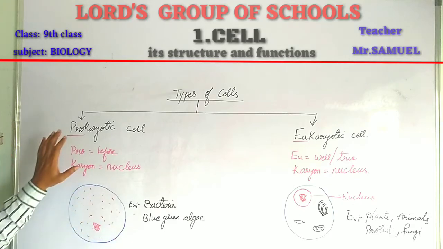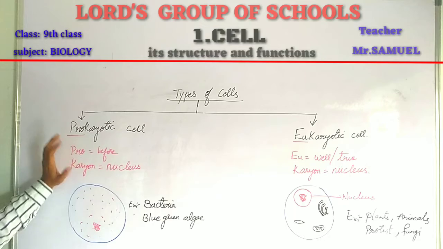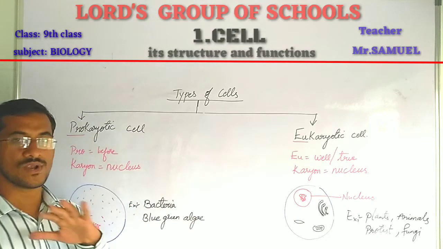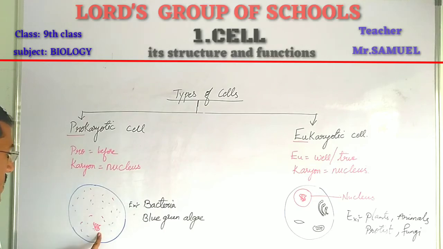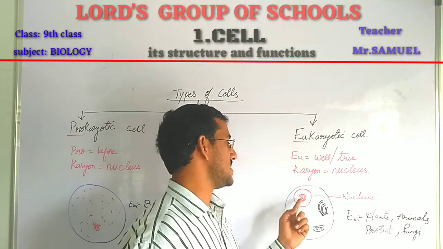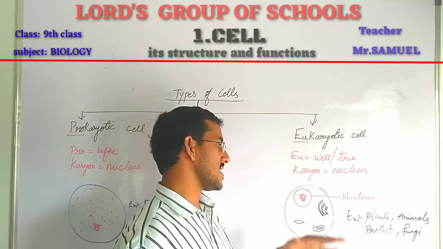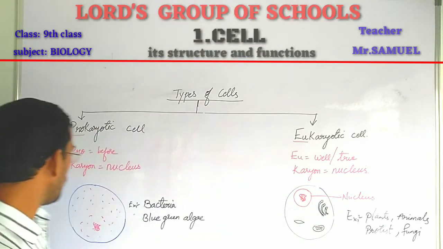So in prokaryotic cell, a well-defined nucleus is absent. So the genetic material is present in cytoplasm instead of nucleus. In eukaryotic cell, genetic material is present inside the nucleus, not in cytoplasm.